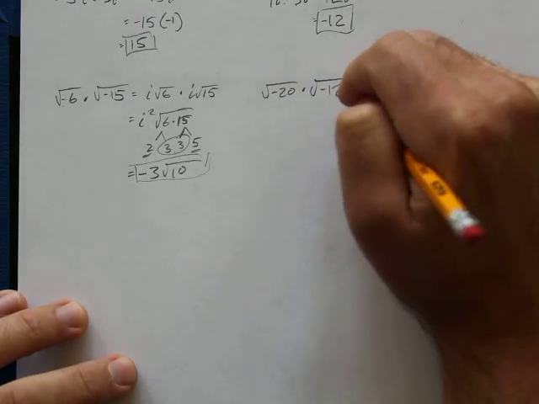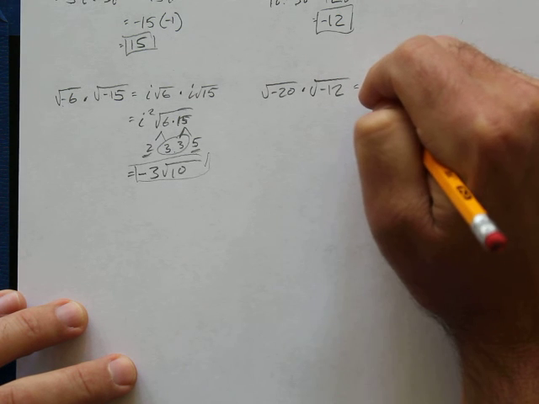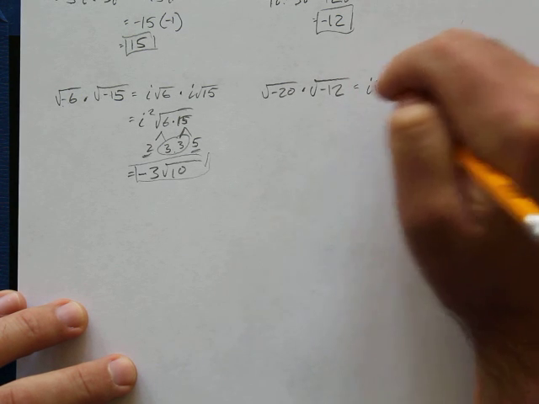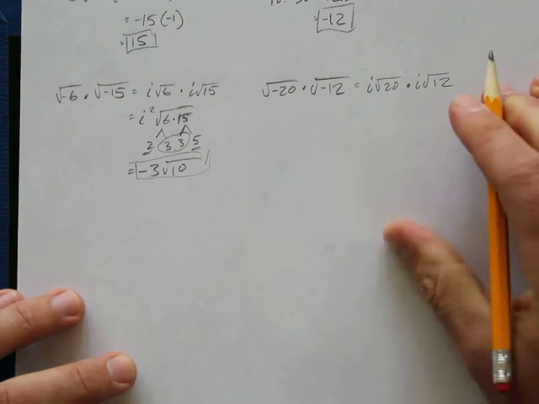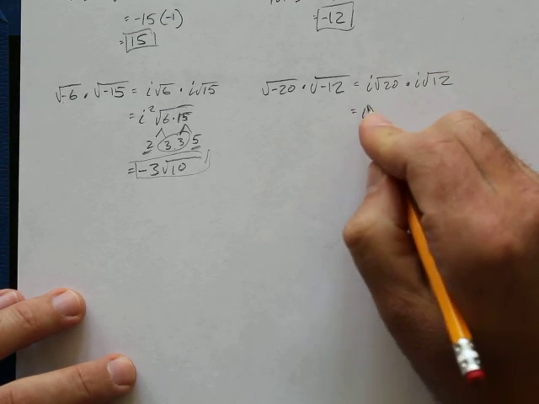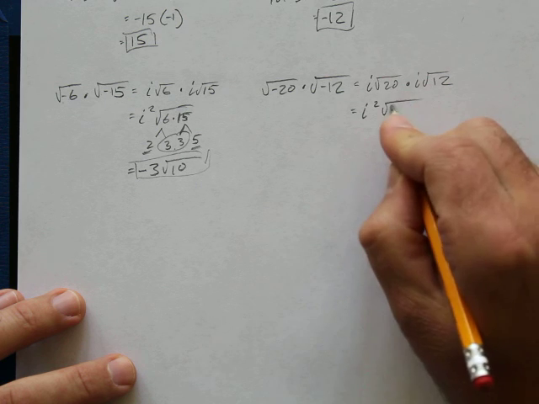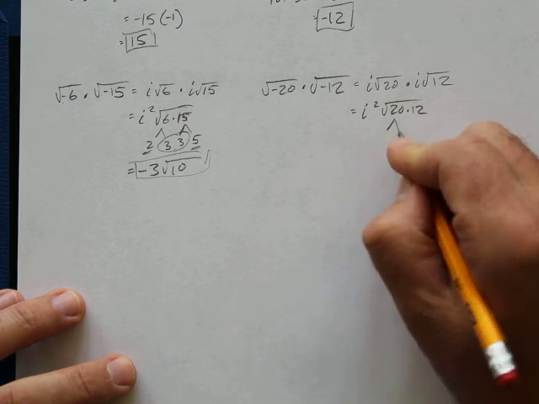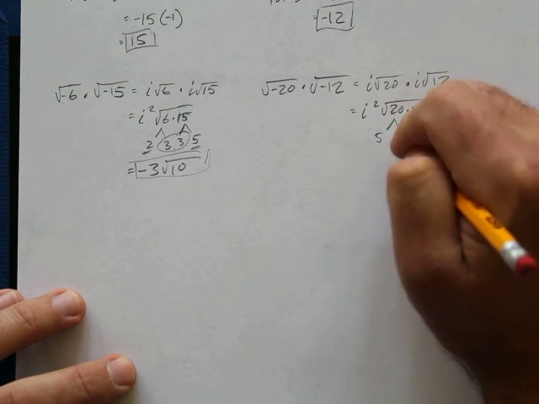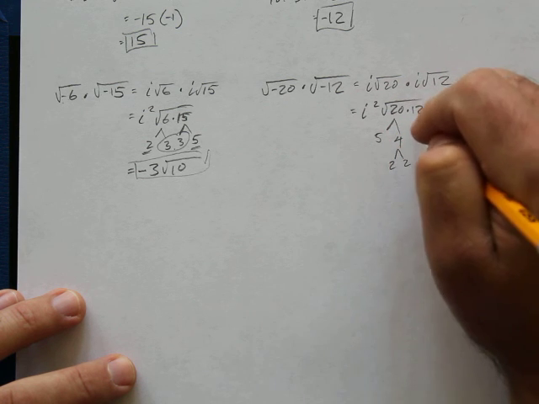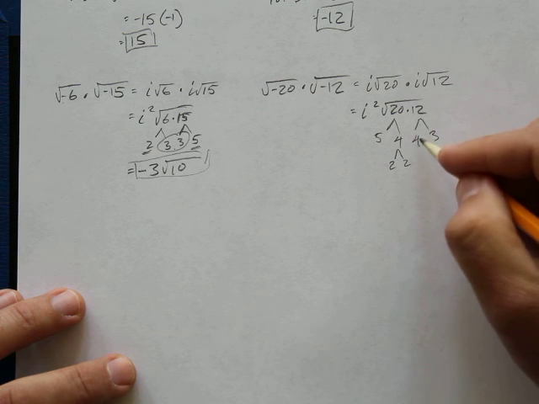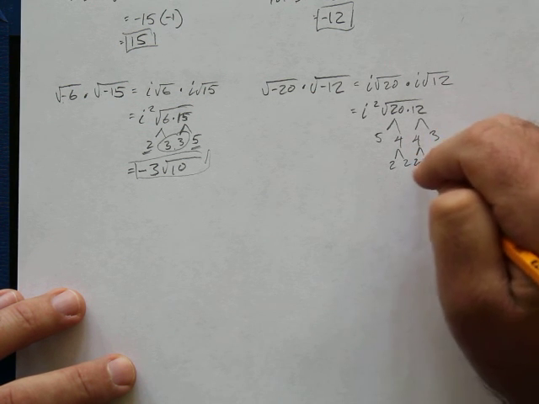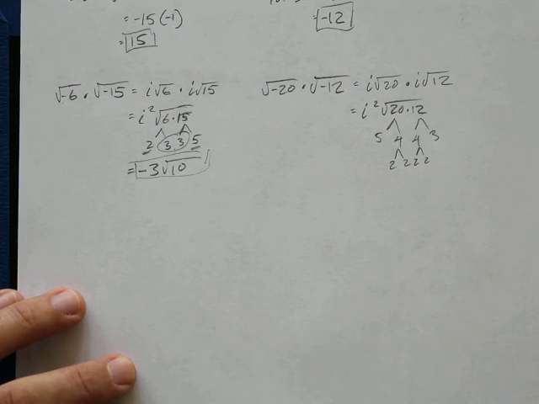All right, first, I'm going to pull the i out. i times the square root of 20 times i times the square root of 12. Now, I'm going to say i times i is i squared times 20 times 12. I'm going to factor these guys. 5 times 4, which is 2 times 2, and 12 is 4 times 3, 4 is 2 times 2, and we got that 3 left over.